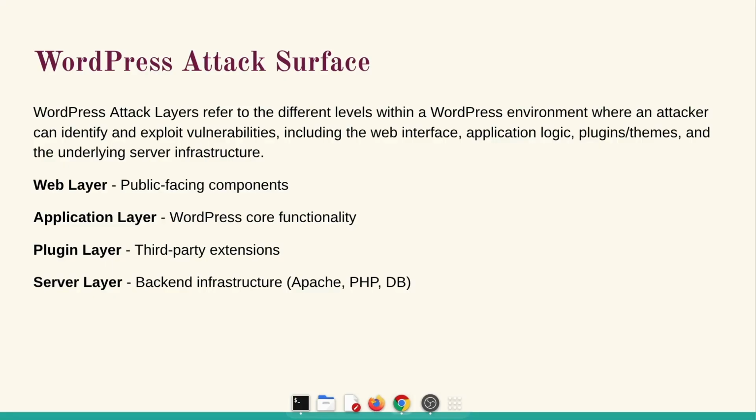Application layer means WordPress core functionality: internal WordPress functionality like the REST API or XML-RPC, and user roles and permissions all come under the application layer. Plugin layer means third-party extensions added to WordPress sites.